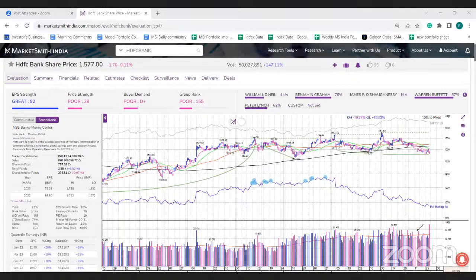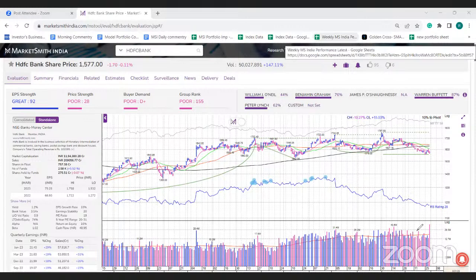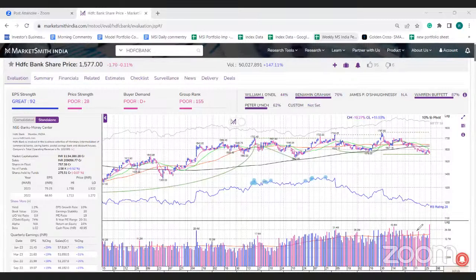HDFC being a major bank with a market cap of almost 12 lakh crores, such a stock breaching its 200 DMA is considered a bearish sign because this stock has a very good weightage in the Nifty index and Nifty Bank index.